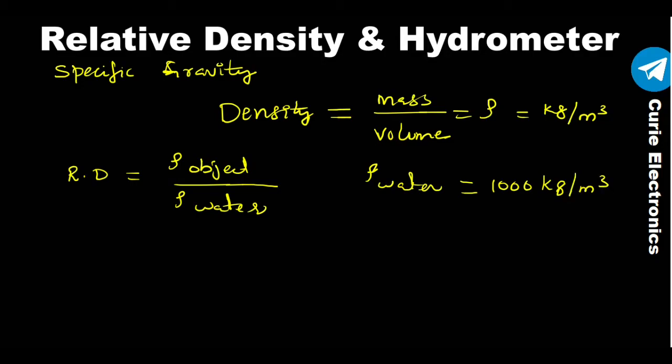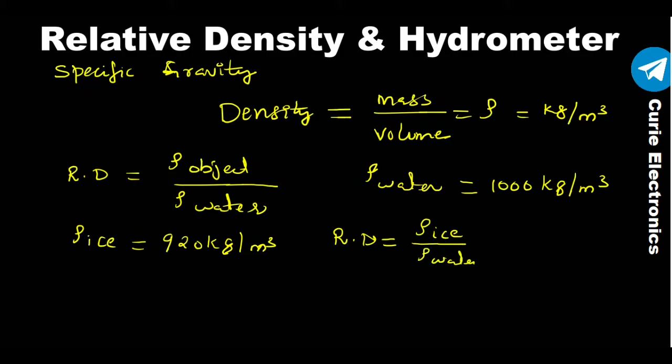Now, density of ice is given as 920 kg per meter cube. Now we want to find the specific gravity or relative density of it. So relative density equals density of ice upon density of water, which equals 920 kg per meter cube upon the density of water.